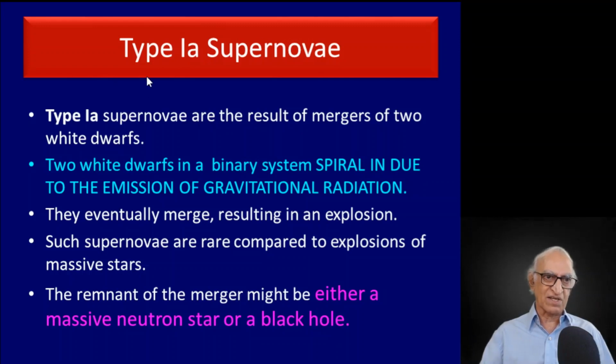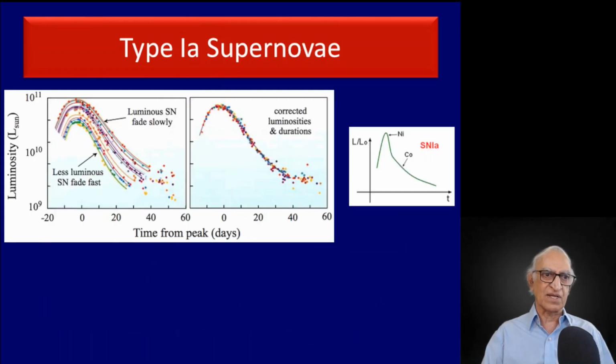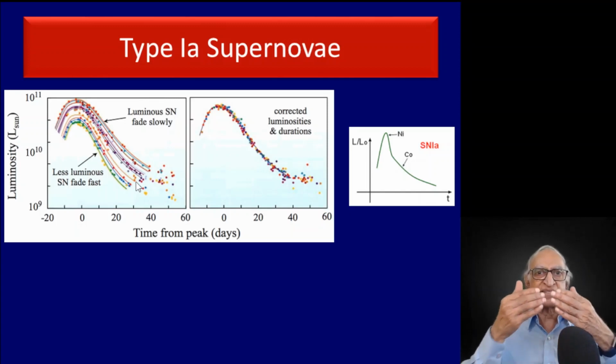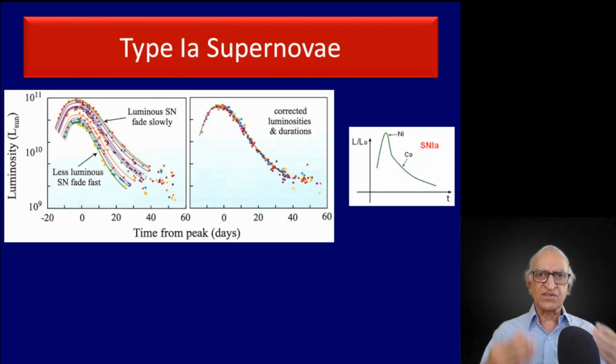So what we are concerned with is that the resulting explosion is a type 1a explosion, whose light curves of many supernovae are shown in this picture. Now, it turns out that if you make corrections for the distance and various effects of the interstellar or intergalactic reddening, and put all the light curves on top of one another, then you find that the type 1a supernova light curves are like standard candles.